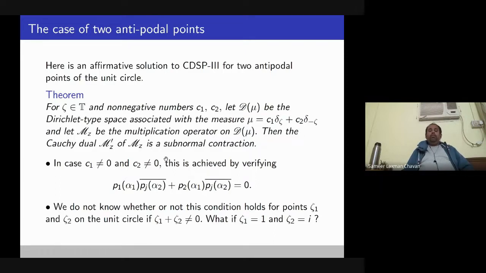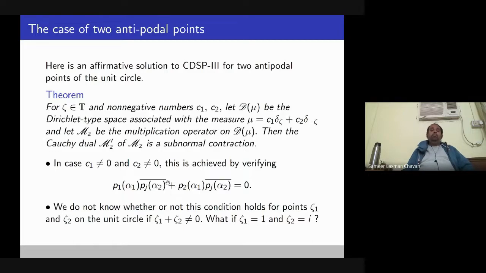However, we do not know what happens if they are not antipodal. In particular, suppose you take zeta 1 to be 1 and zeta 2 to be i, then the method of proof doesn't give any information.